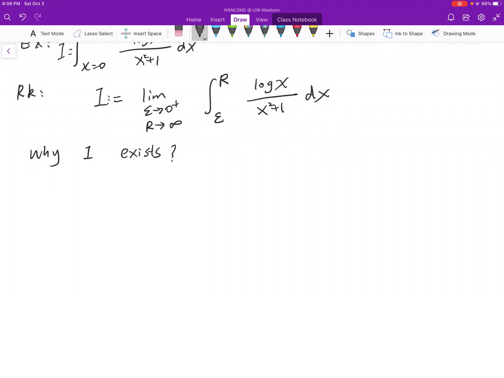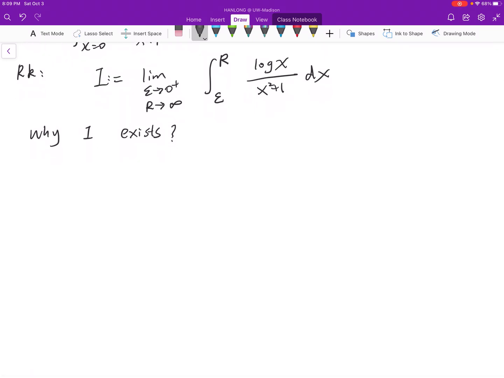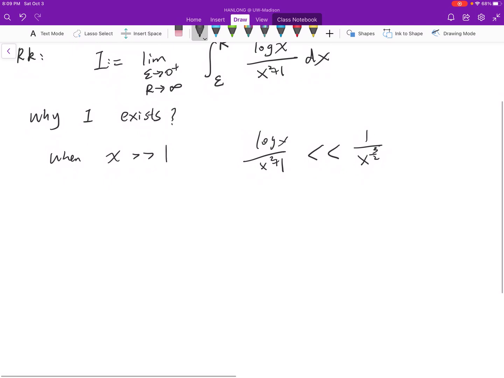Of course, if you compute this explicitly, you know it exists. But before that, in Math 521 or Math 522, we have some criterion to get this. Why does this exist? When x is large enough, log x over x squared plus 1 is less than or equal to 1 over x to the 3/2.